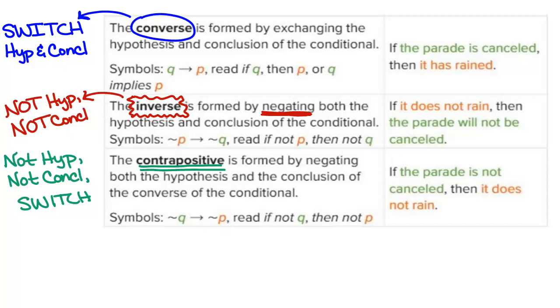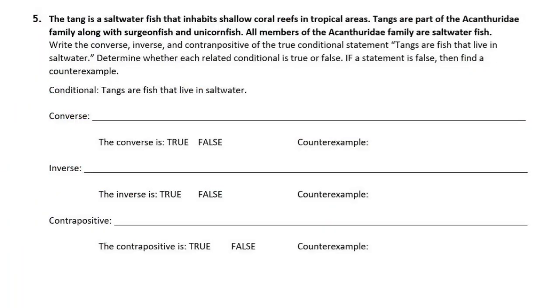I want to practice doing this with a couple examples that are over on page 6. So we're going to go back to page 6. We're going to look at number 5. The tang is a saltwater fish that inhabits shallow coral reefs in tropical areas.